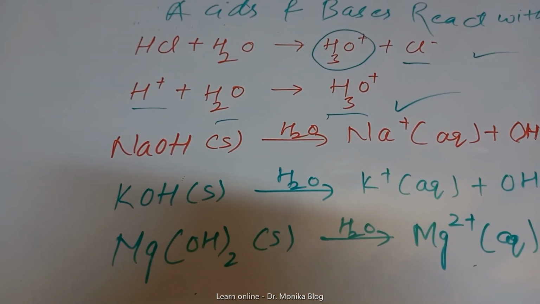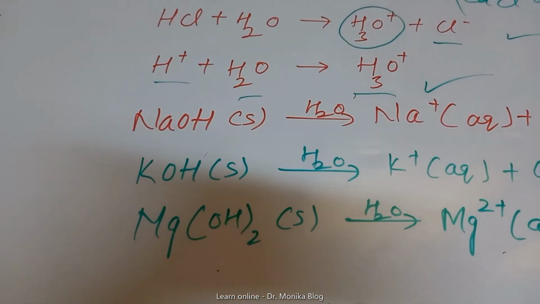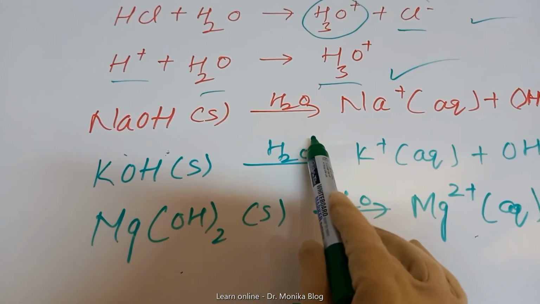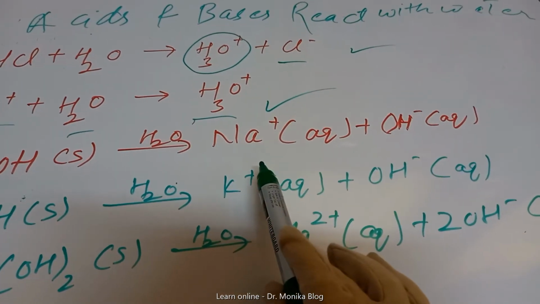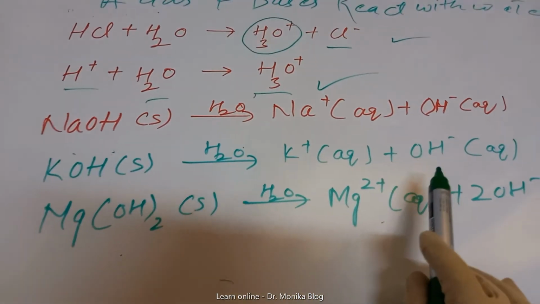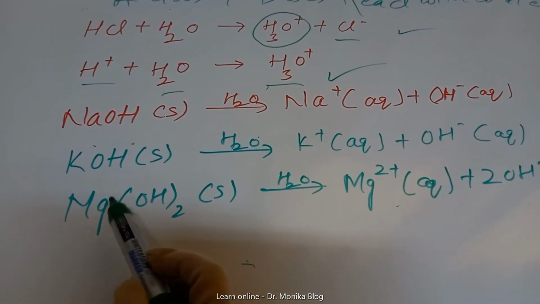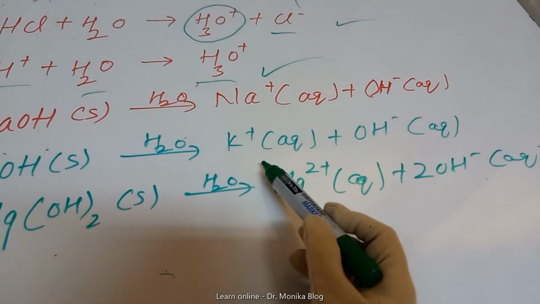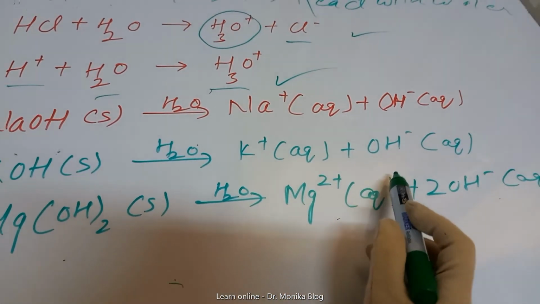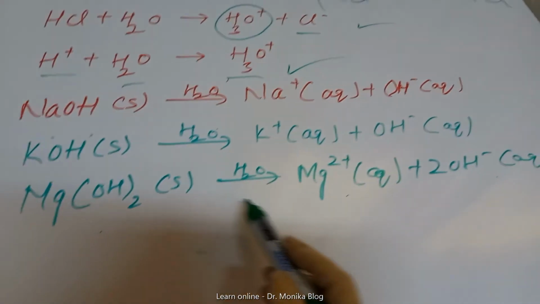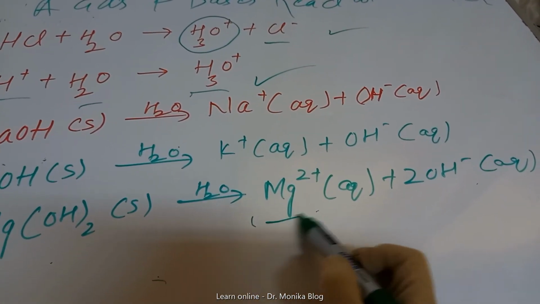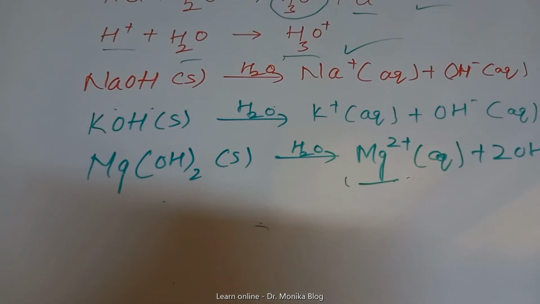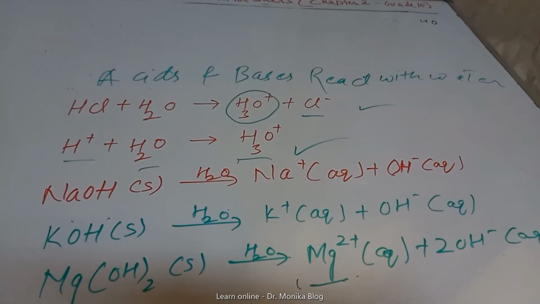In the case of a base, NaOH in the presence of water breaks down to sodium ion plus hydroxyl ion. Another example, potassium hydroxide in the presence of water gives potassium ion and hydroxyl ion. Magnesium hydroxide in the presence of water gives magnesium ion plus 2 hydroxyl ions. This is how acids and bases react with water.